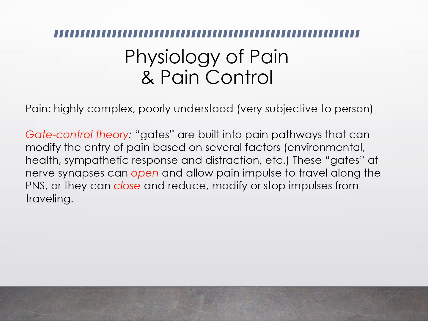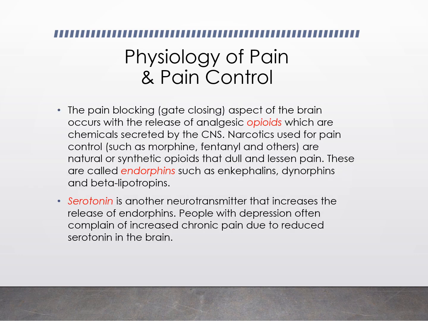So this is important. We do lots of things to close that gate. So that way, the painful thing is still happening, but the way that we interpret it is different. So that gate can be closed by things like putting ice on a painful site, applying a TENS unit, which is like a nerve stimulating unit, distraction by other things that are going on, opioids, both natural and synthetic.